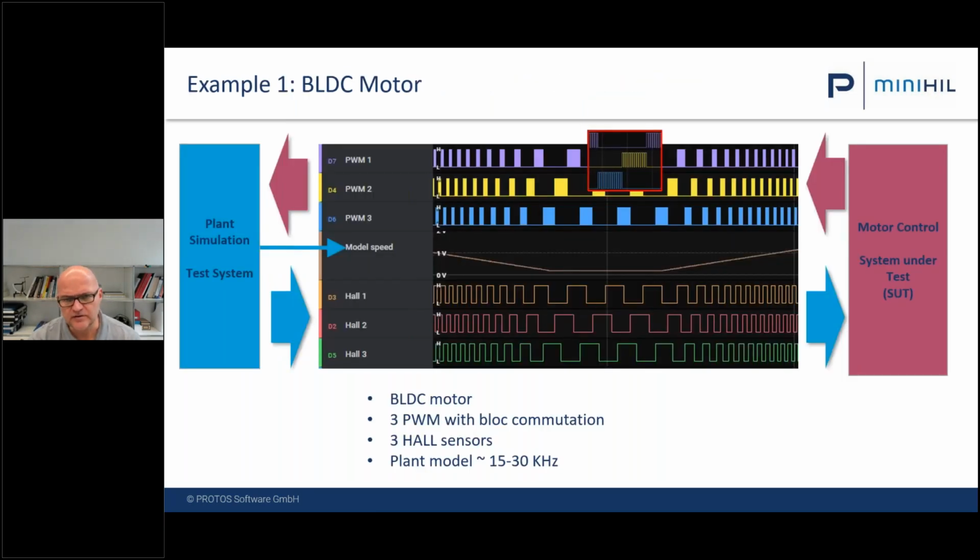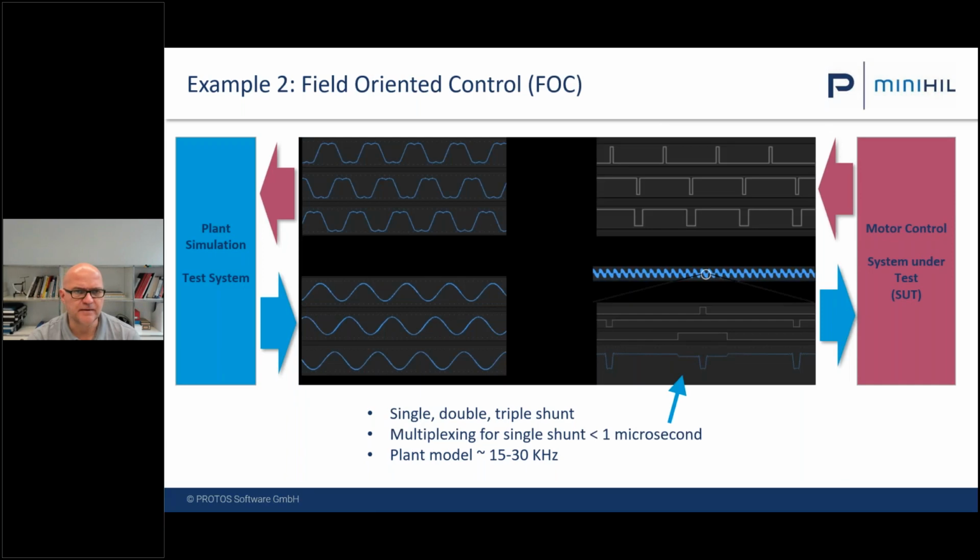So let's have a look at certain or specific motor controllers. Already explained the BLDC motor control. The plant simulation usually needs to run between 15 and 30 kilohertz for this kind of simulation. Then we have a field-oriented control in this case.